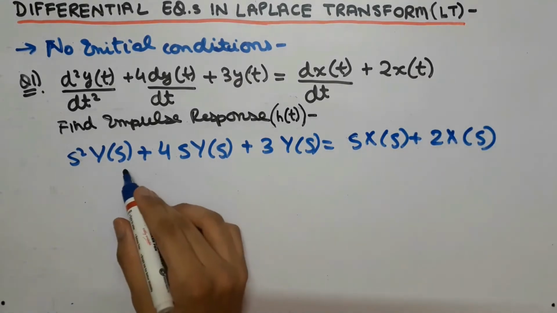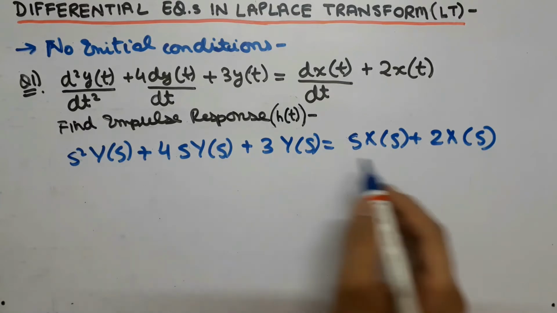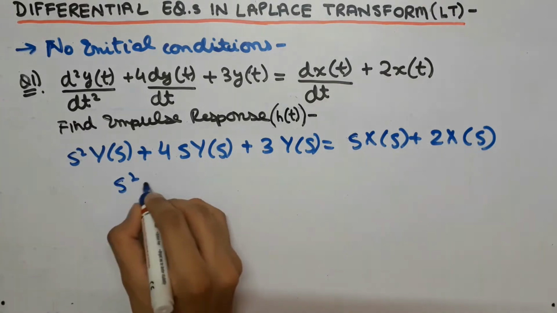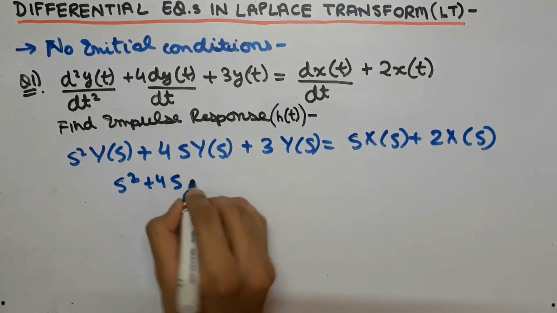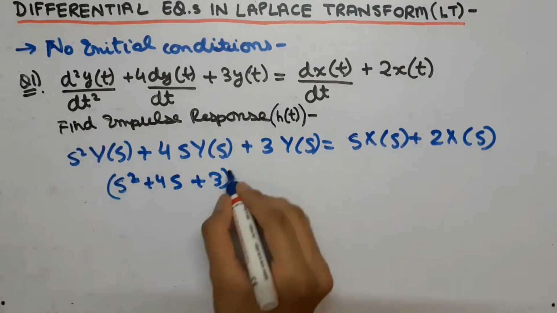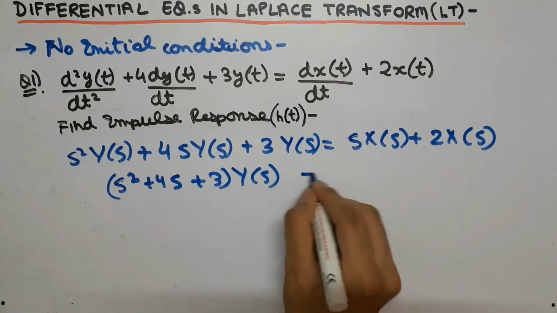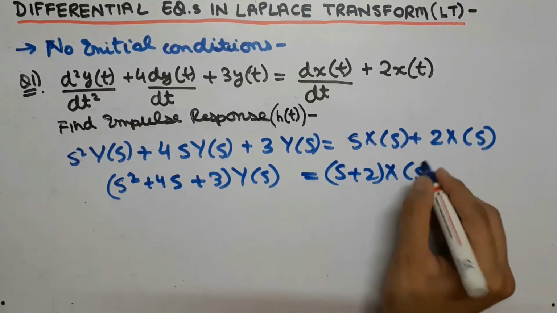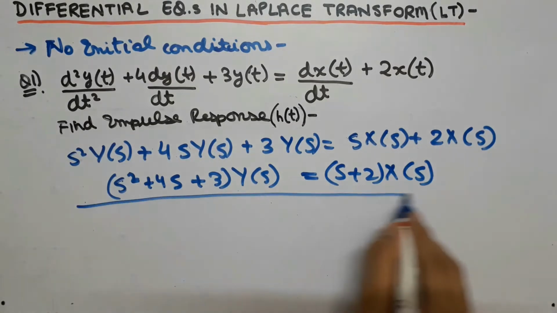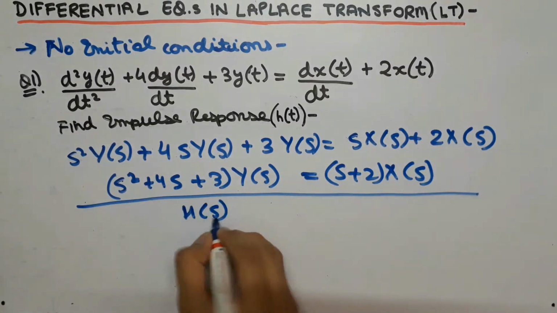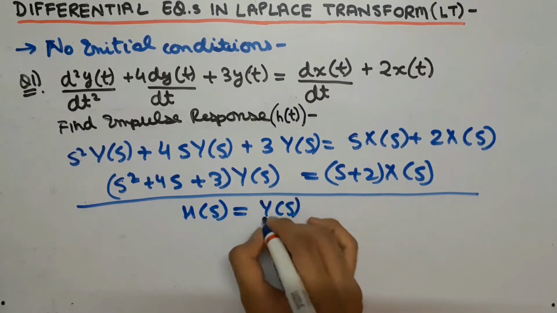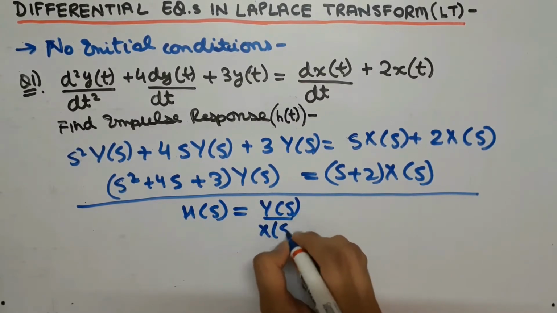Now we will take Y(s) common on the LHS and X(s) common on the RHS. You will get (s² + 4s + 3) into Y(s) is equal to (s + 2) into X(s). Now guys, we know that H(s), the impulse response in the Laplace form, is equal to Y(s) upon X(s).